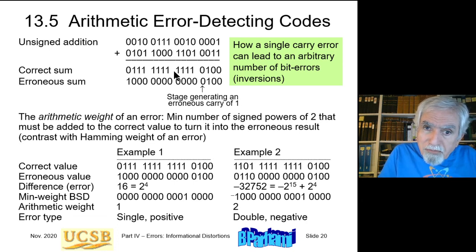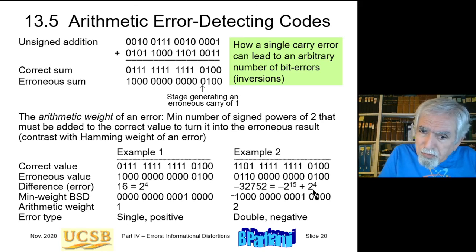So here's an example. The output of that adder here, if you add 2 to the 4 to it, which is equal to 16, it changes to this. So this is a single arithmetic error because a single power of 2 was added to get to this. This is an example of a double bit arithmetic error. 2 powers of 2 have been involved. One of them has actually been subtracted.